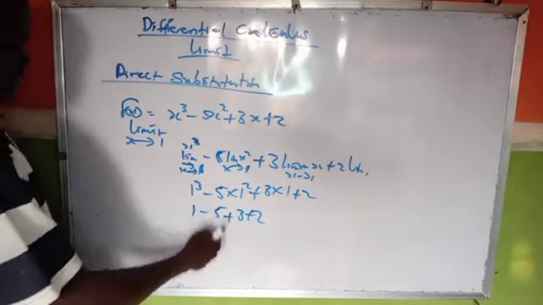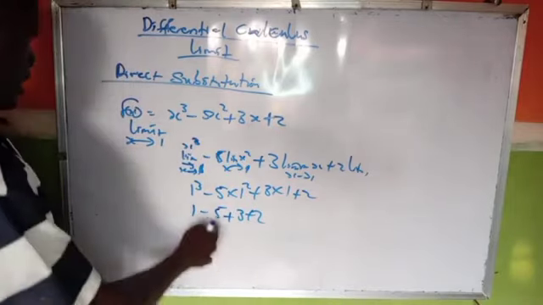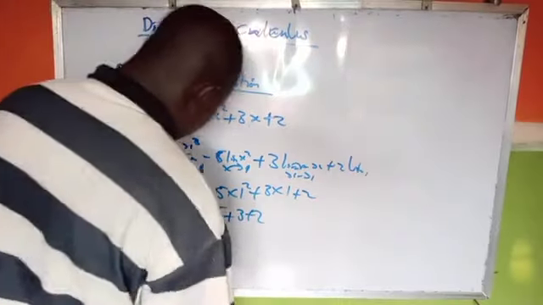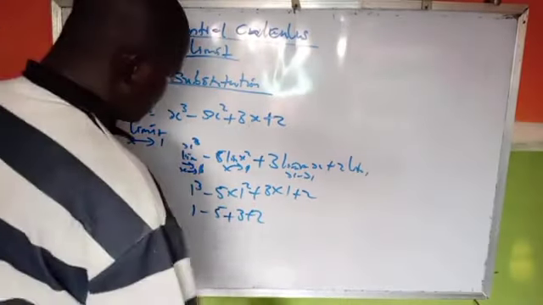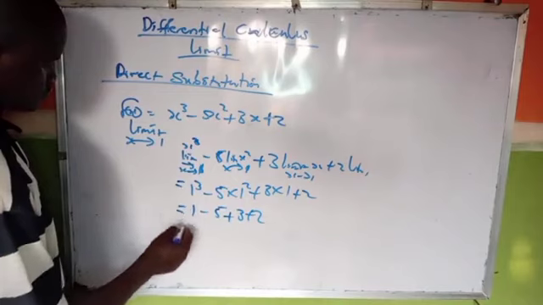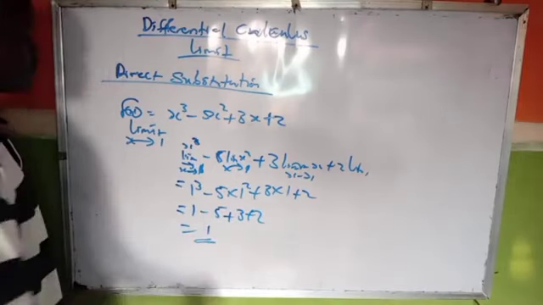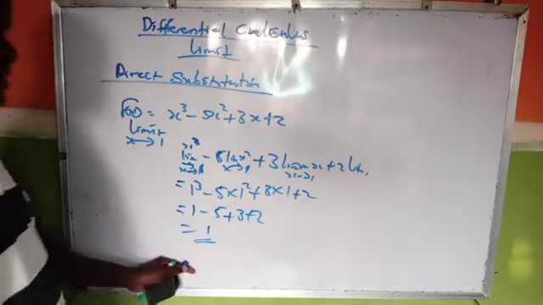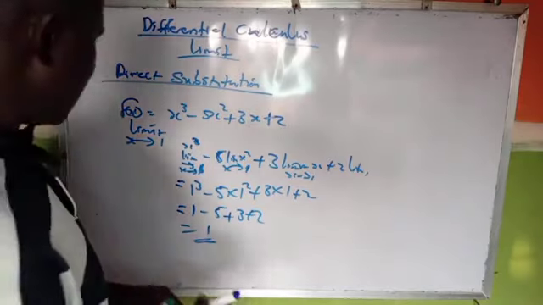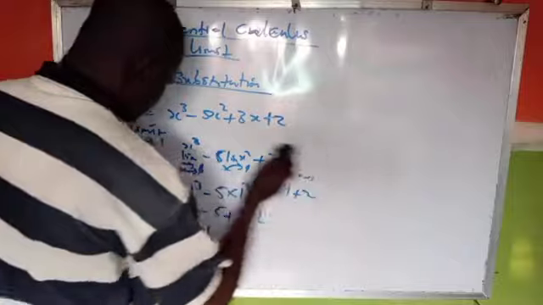So 1 minus 5 will give you minus 4. Minus 4 plus 3 will give you minus 1. Minus 1 plus 2 will give you 1. So the value of this expression as x tends to 1 is 1.